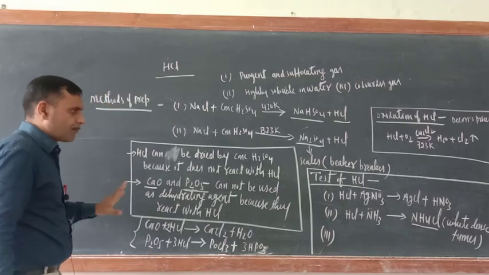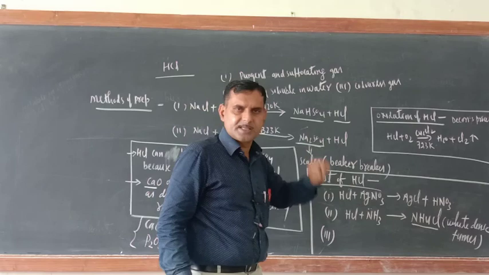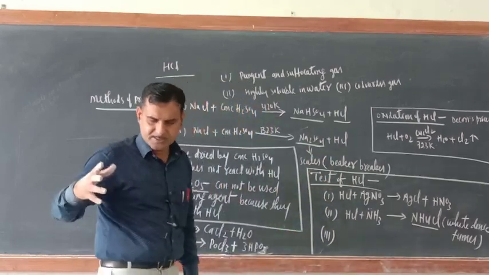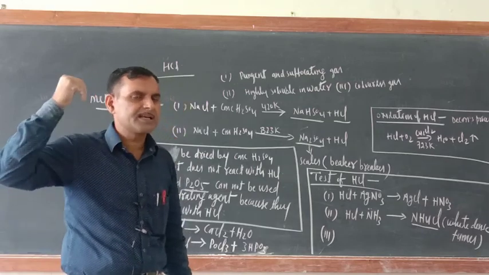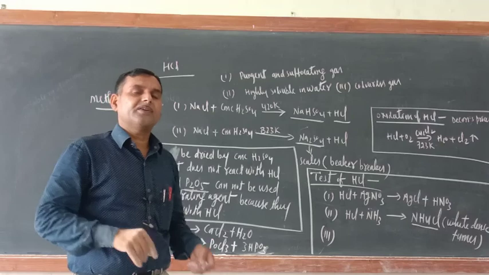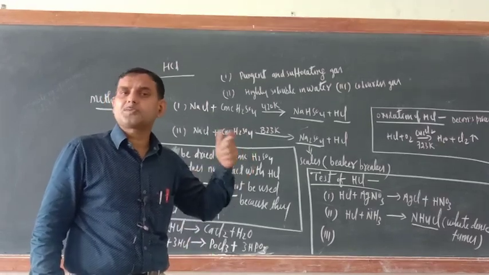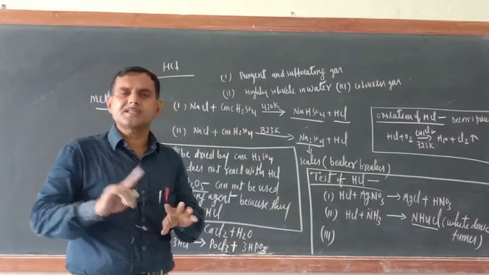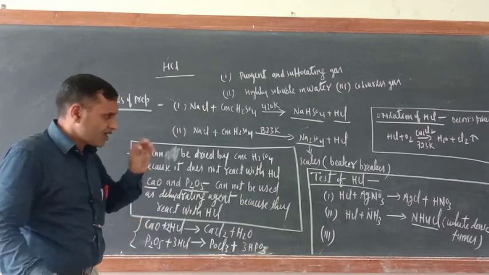One more aspect of HCl is the test of HCl. HCl is an acidic substance, and an acidic substance turns blue litmus red. Second, their aqueous solution furnishes H positive ion, and that H positive ion is responsible for turning the blue litmus red.